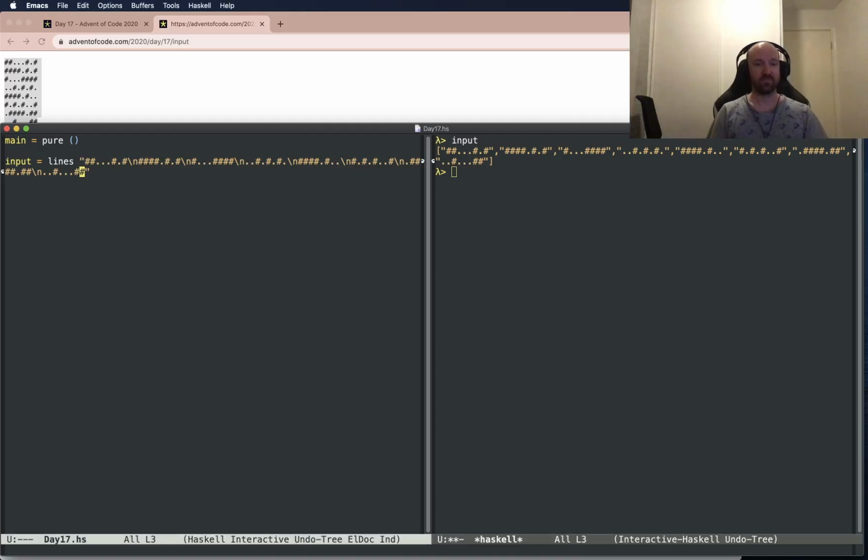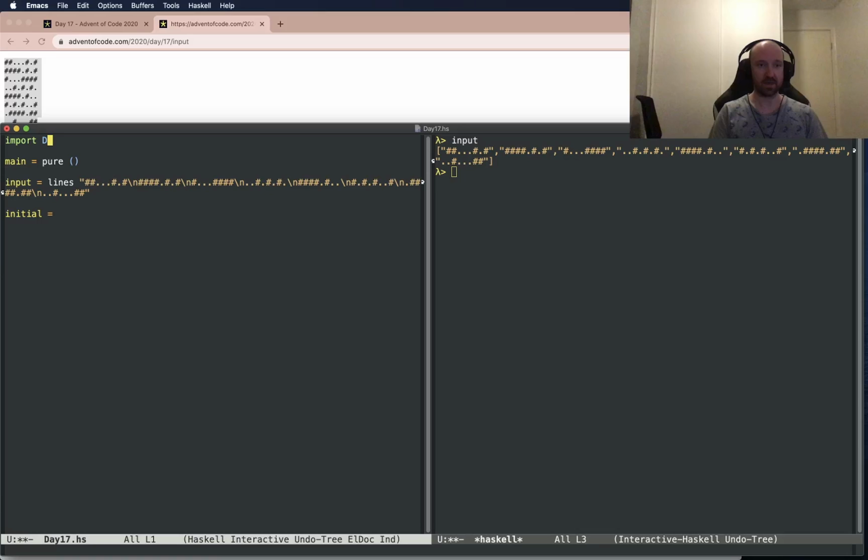We'll map it to, we'll use a map as our data structure here, even though it's not terribly efficient. It's okay. The initial state, we use 3-dimensional coordinates, so we've got our lines, right?